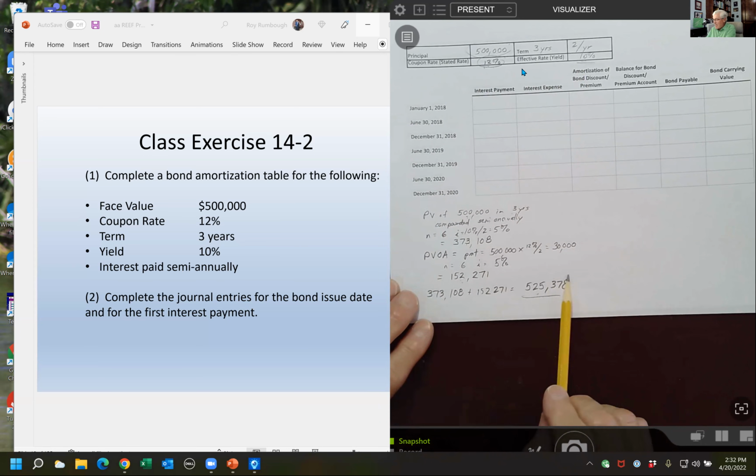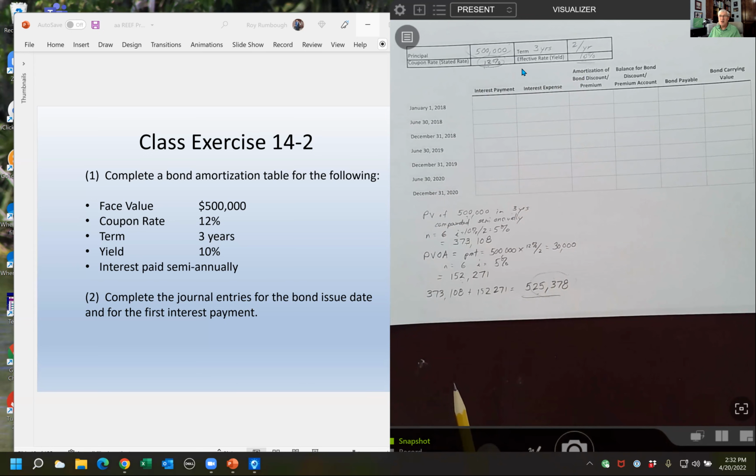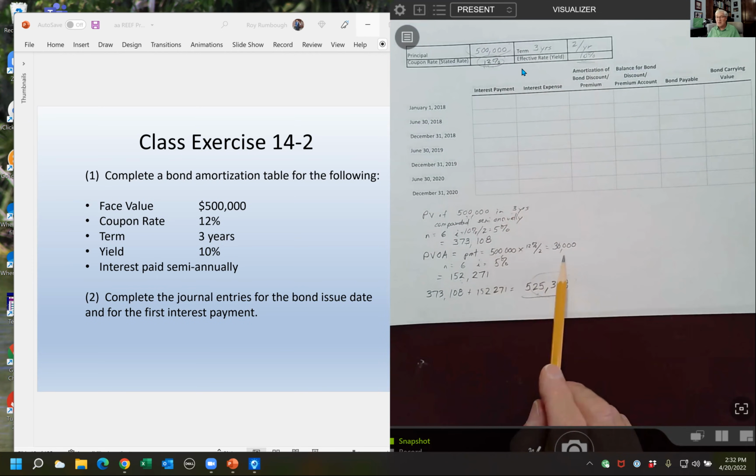Now that 25,000, they're receiving more cash up front, but they've got to pay more cash than the market rate going out. They're paying 30,000. They really only needed to pay 25,000. So they're paying a $5,000 premium every single period.